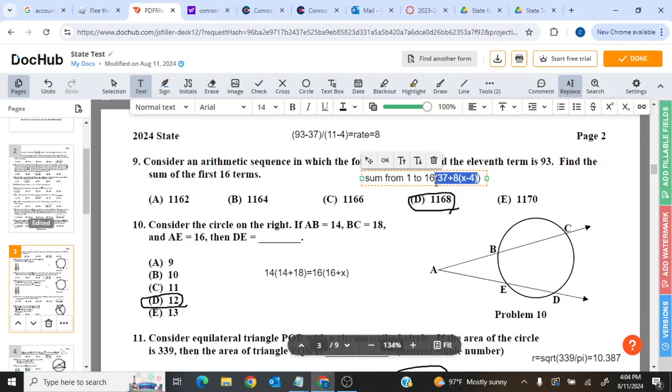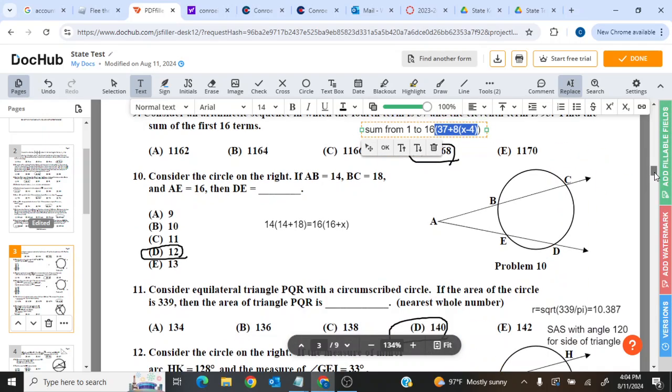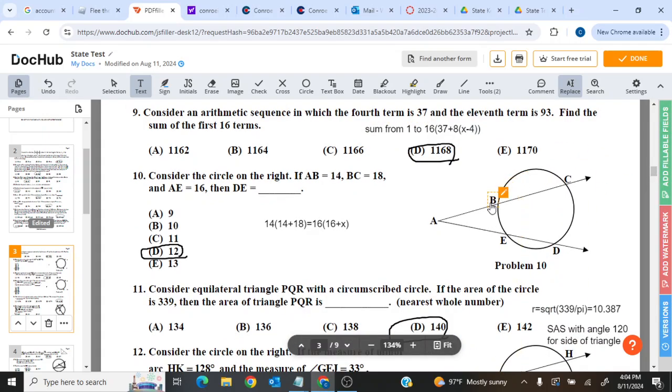Consider the circle on the right. If AB is 14, BC is 18, AE is 16, what is DE? Well, you're given the value of AB and the value of BC. This is going to be our partly inside, partly outside segment secant lines, I guess. If you remember the formula for that, it's appeared on basically every test.